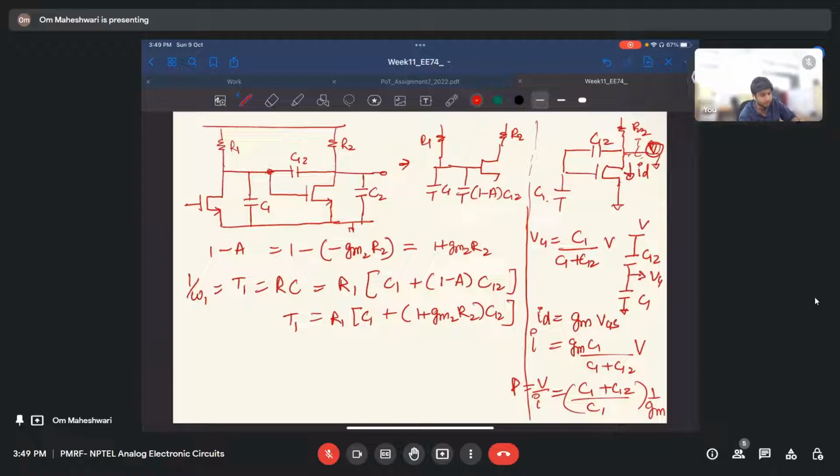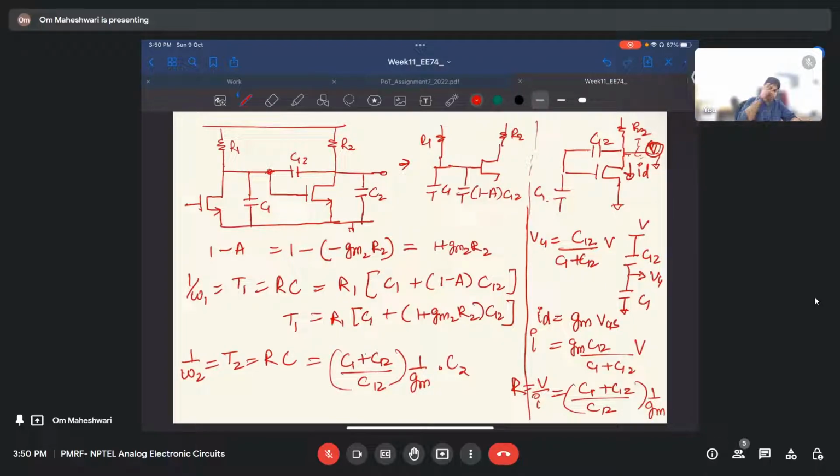That is the R value we have here. Therefore 1 by omega 2 equals T2 equals R times C, where R is C12 into 1 by GM, and C is C2.